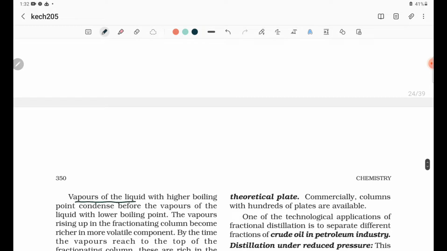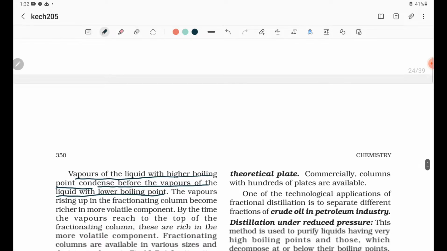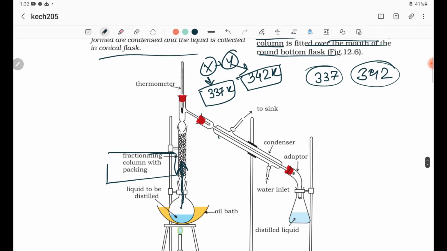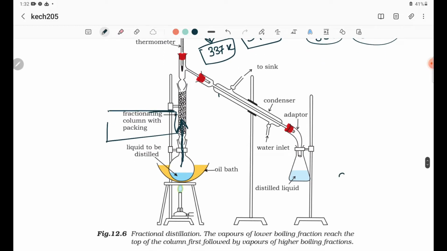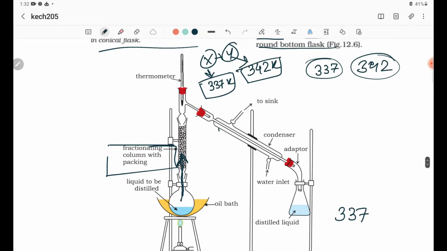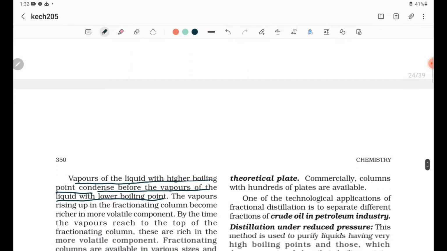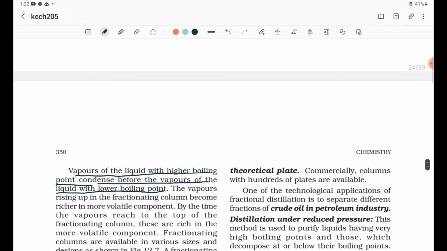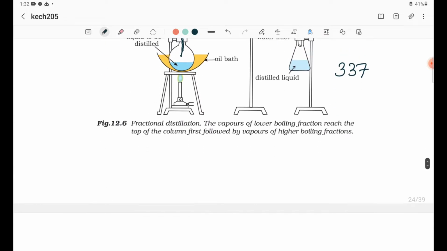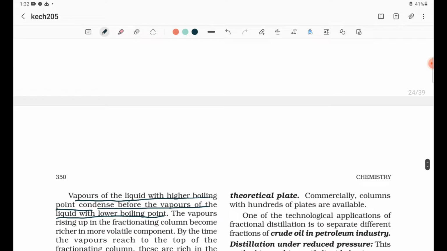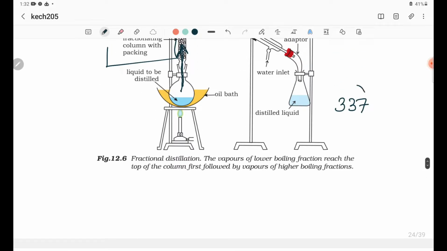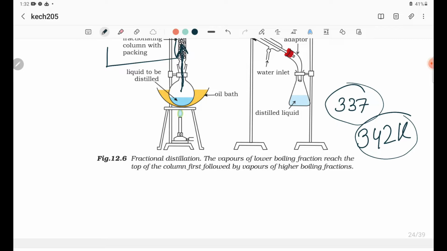Now vapors of the liquid with higher boiling point condense before vapors of the liquid with lower boiling point. Sorry, I am telling you the opposite. The vapor of the lower boiling one will come out of this first, and the 342 vapors will come out late, no problem.